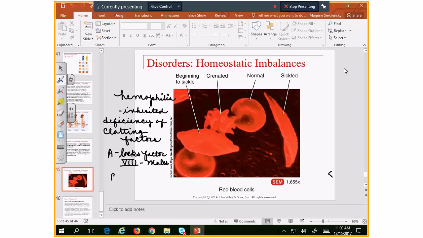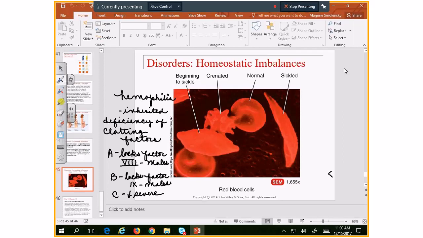Hemophilia B, we're looking at lacking factor 9. That also is only in males. And hemophilia C is less severe, okay, because there is an alternate clotting factor activator. So this is the one that is less severe. Generally, treatment is transfusion of fresh plasma or concentrates of the missing clotting factor.